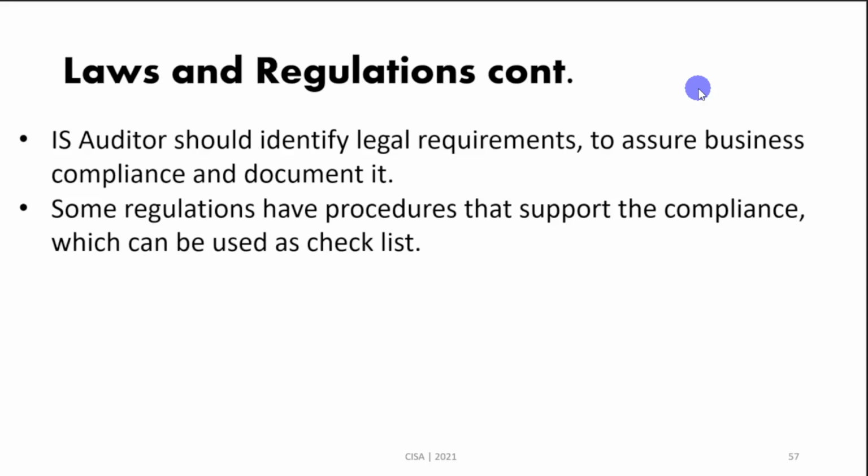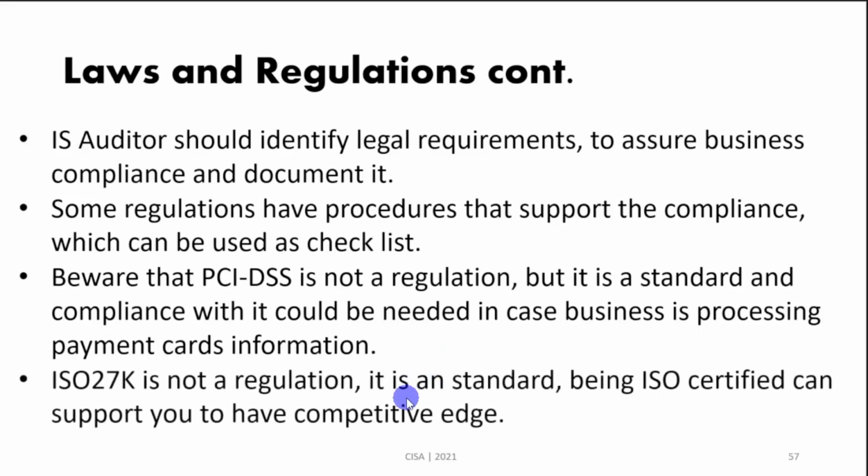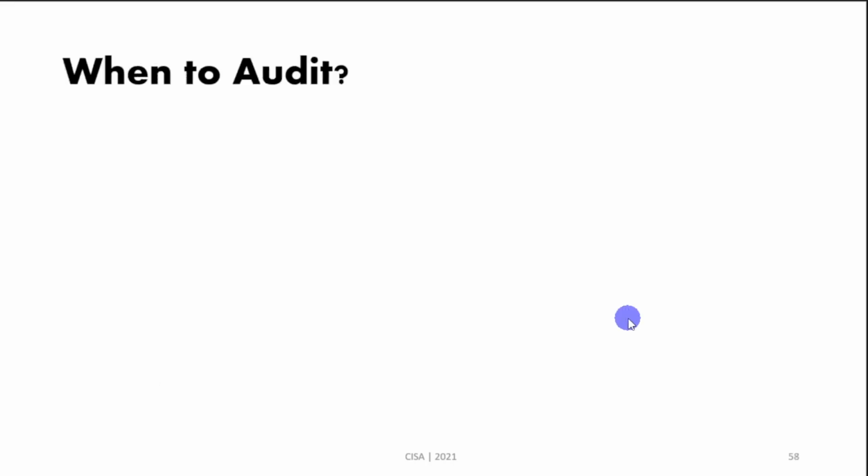That's all related to compliance audit, and we need to pay attention that BCI is not a regulation, but it is a standard for certain organizations. ISO 27K is also not a regulation. It is a standard, but being ISO certified can give you a competitive advantage over your peers in your business.